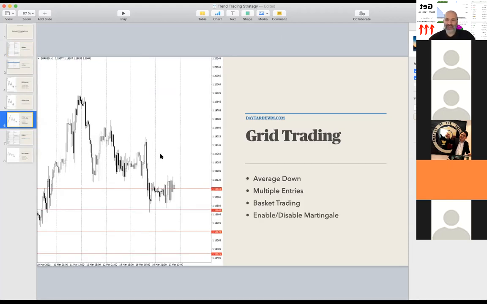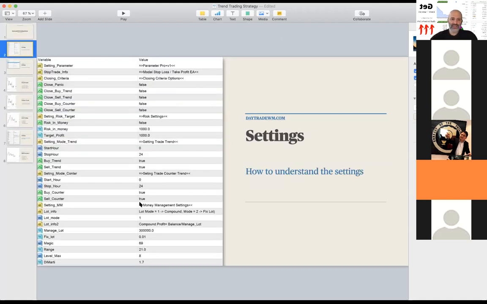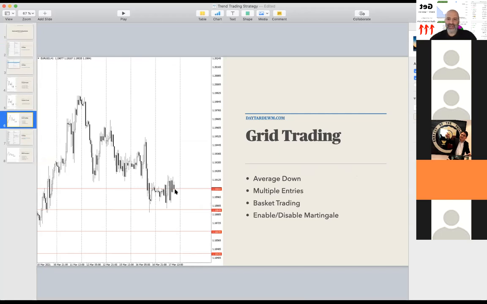Now, what is grid trading? Grid trading is based on the indicator here that you put level max above 1. Now, above 1, like 8, and here you have the range 21, or 20, it will start to add the trades. Let's say this is going down and it gave the order to start to buy here at this level.